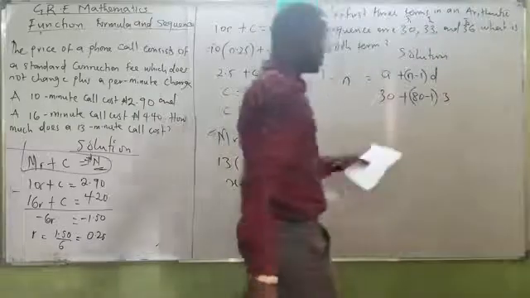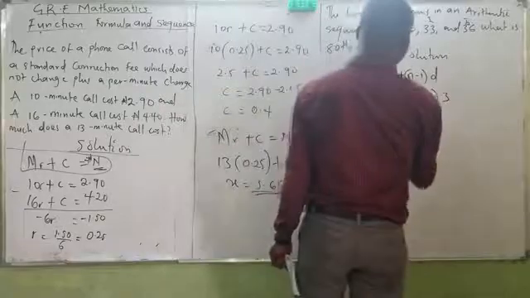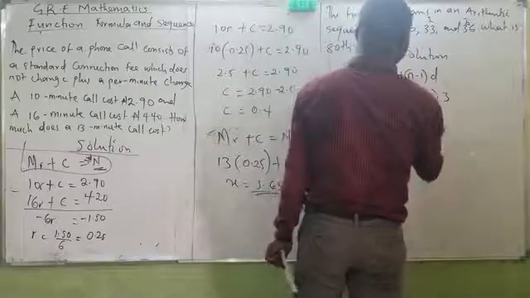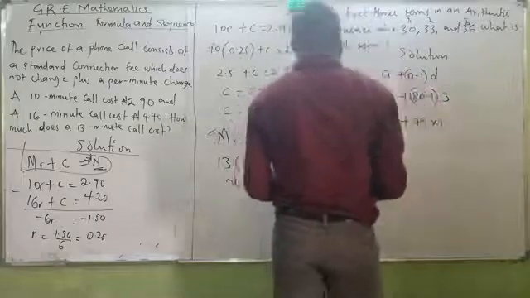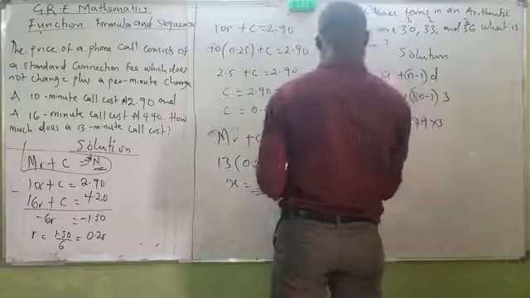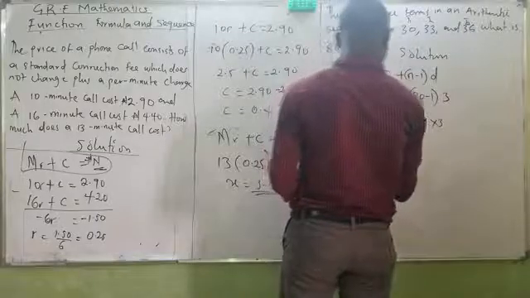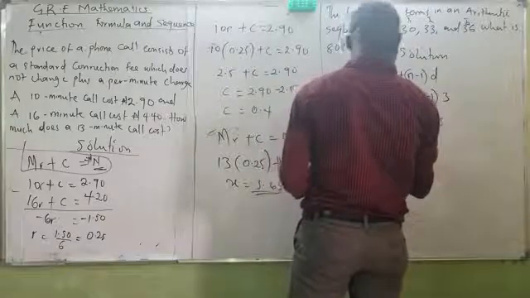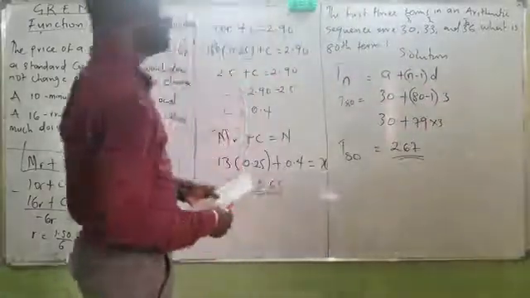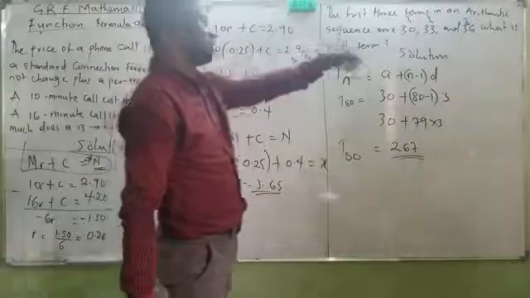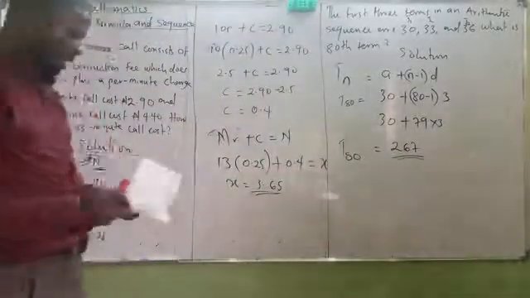Please check our videos on AP for better understanding. I will have 30 plus 79 multiplied by 3, which is T80. Now my T80 equals 267. That is the number in position 80. That is what I'm trying to explain there.